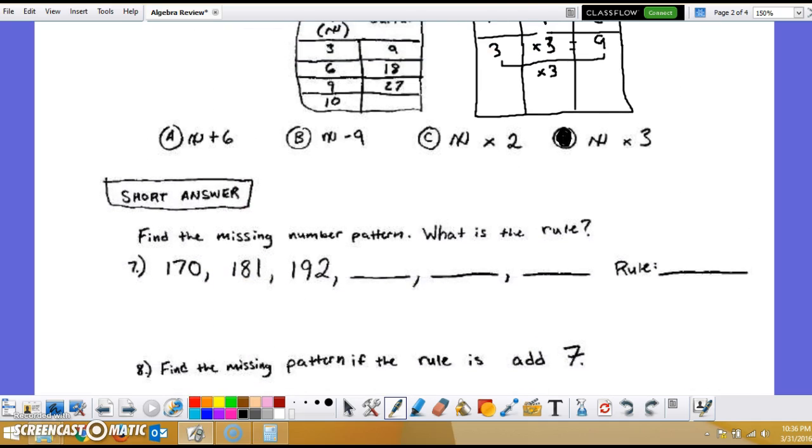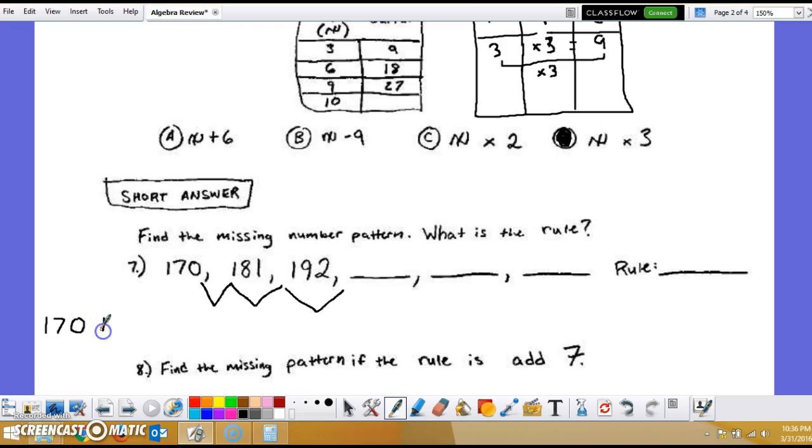Here are a couple number patterns that we've been taught a specific strategy how to solve. If I'm looking for the missing numbers, I first have to determine the rule. In case you forget, the first step is to draw carets between each number. Then you need to determine, using algebra, what the rule is. So in this case, I go from 170 to 181.